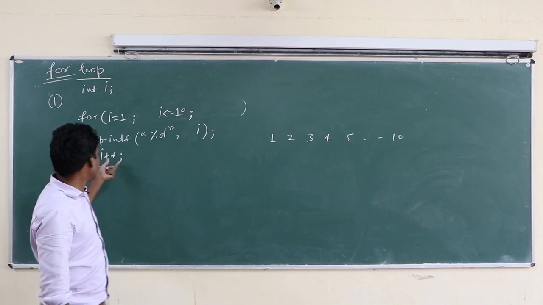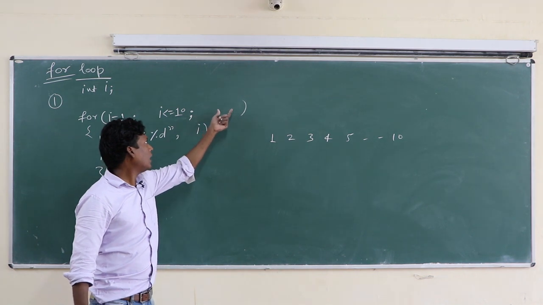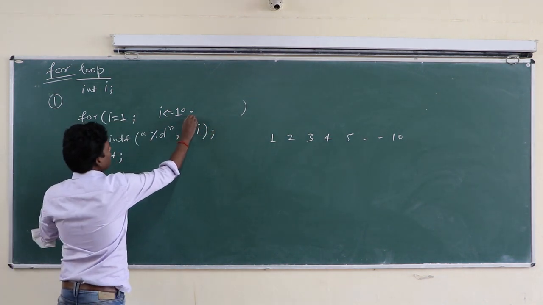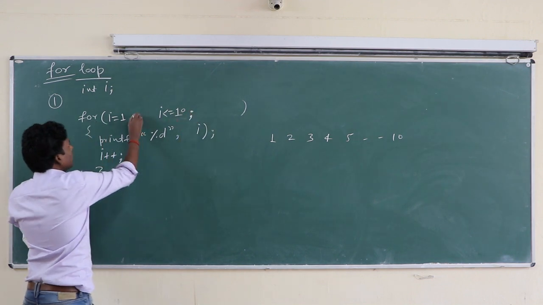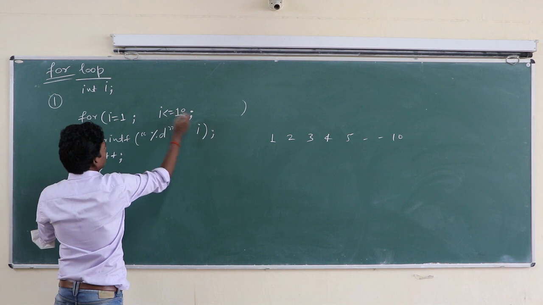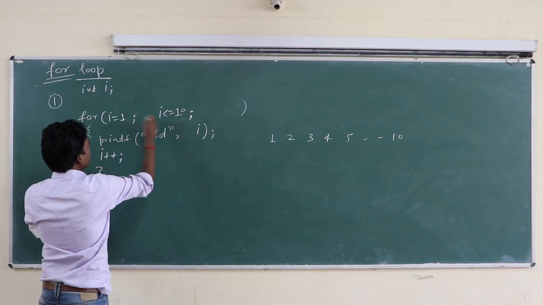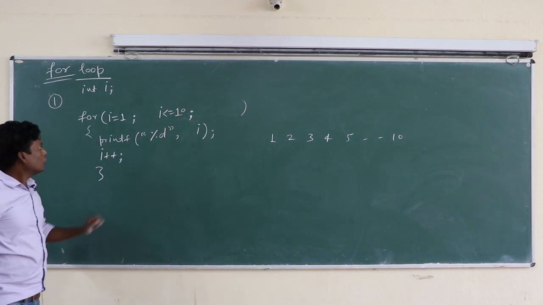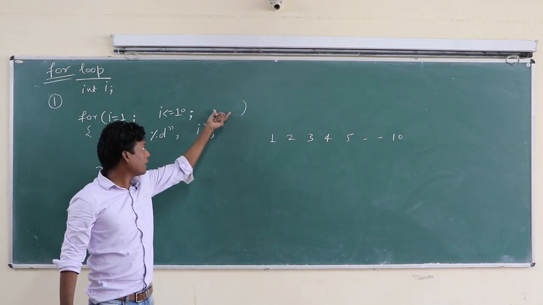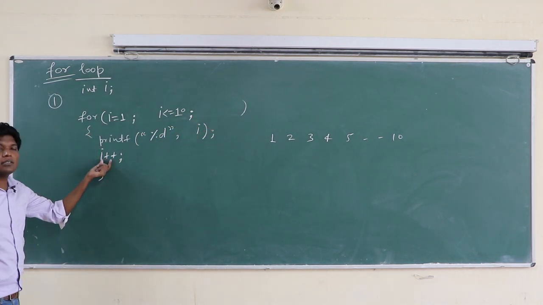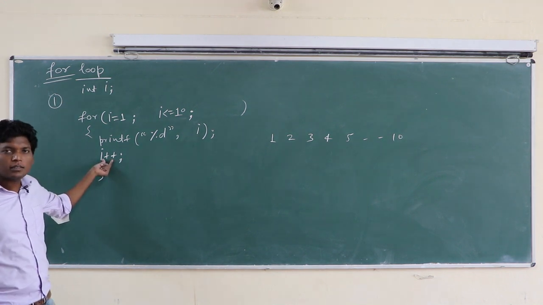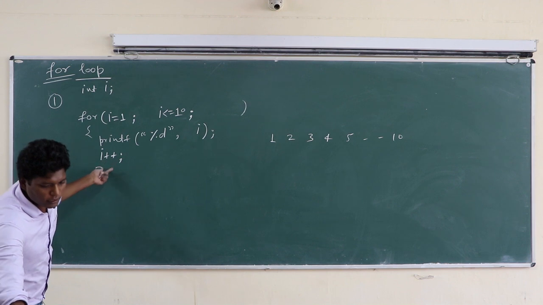So you can write I plus plus either here, or you can write it in the body. But its semicolon must be here. In a for loop there must be two semicolons. It's necessary. So you remove I plus plus or I minus minus from here and write it at the end of the loop, because it works at the end of the loop.